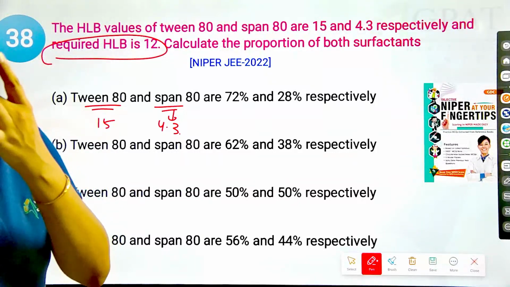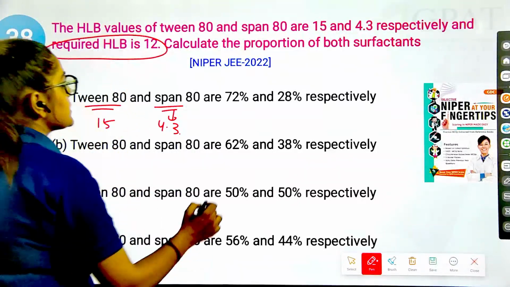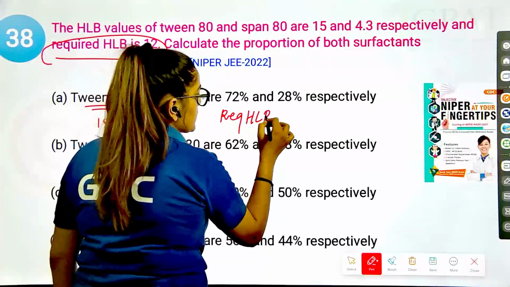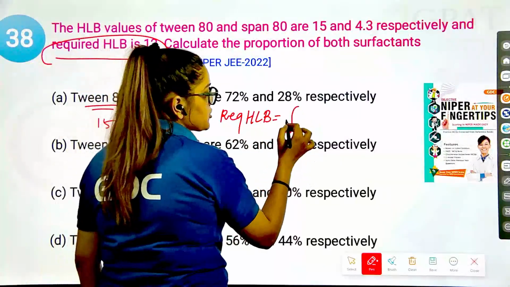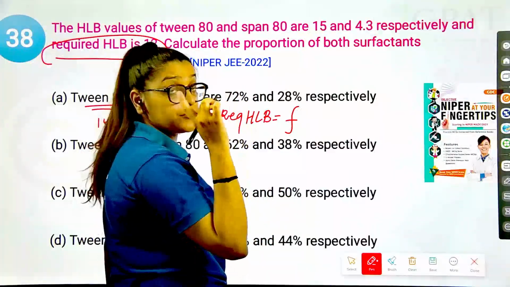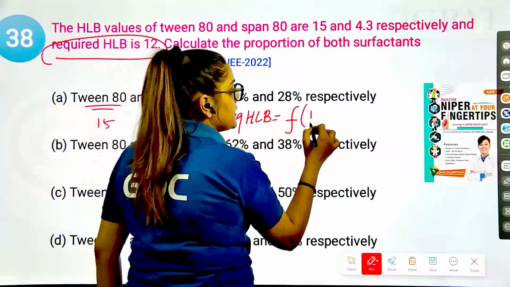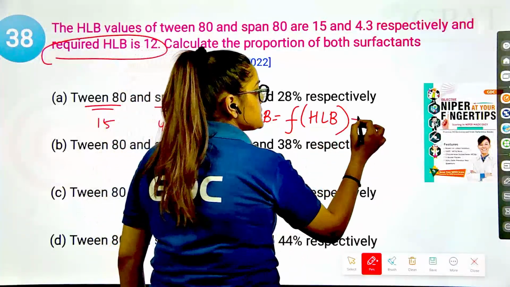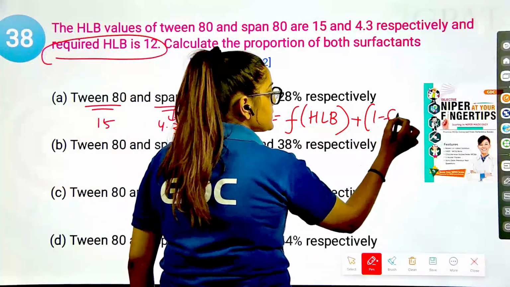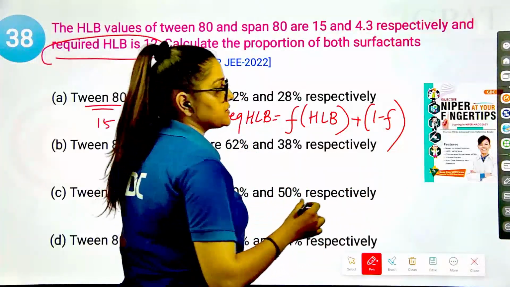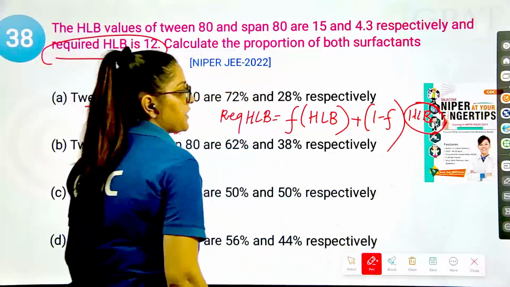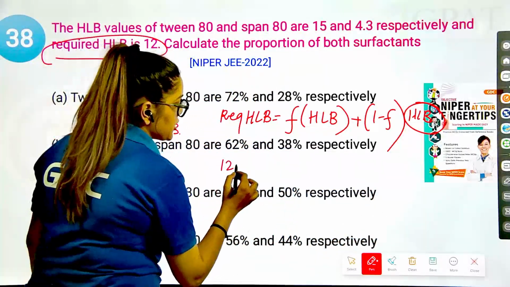So in this case, students, it is clear to us that they are asking about the required HLB. Required HLB says fraction of the first surfactant into the HLB value of the first surfactant plus 1 minus fraction of the second surfactant into the HLB value of the second surfactant. So we have a required HLB of 12.